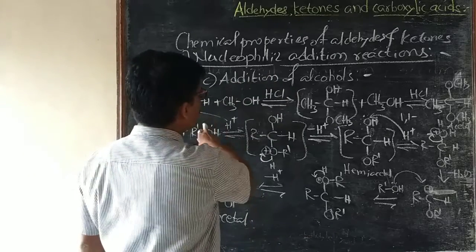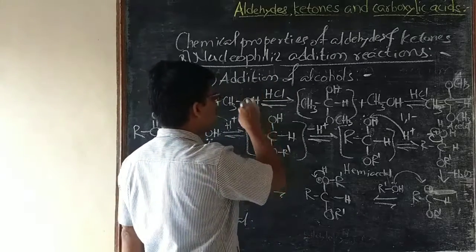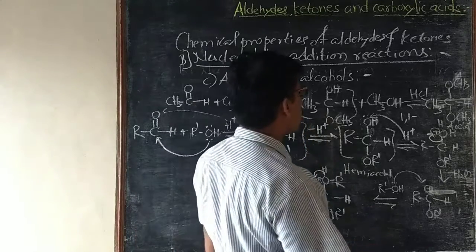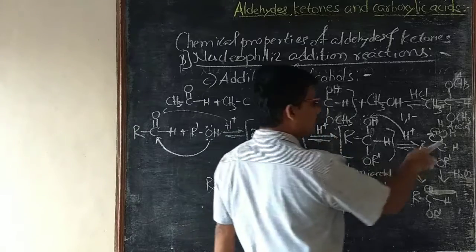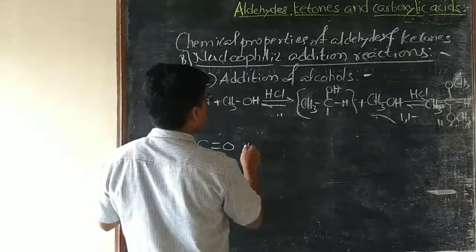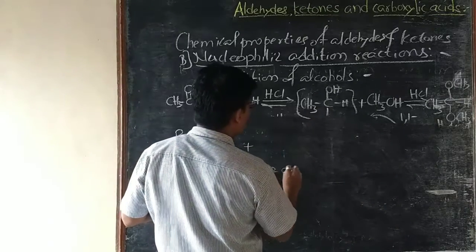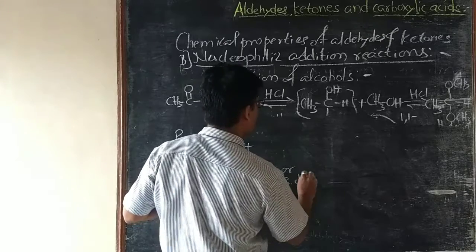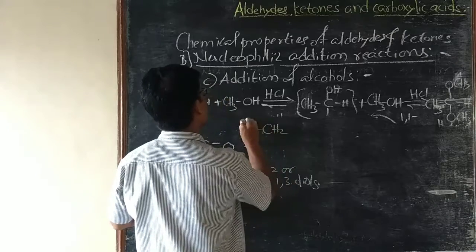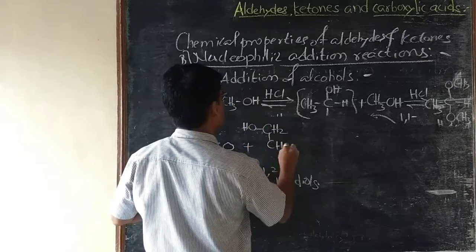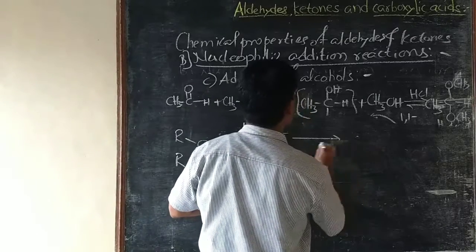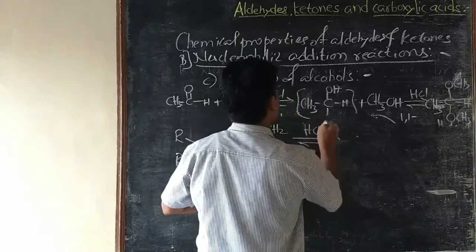Similarly, ketones also react with anhydrous monohydric alcohols in presence of dry hydrogen chloride to form hemiketals and ketals. Similarly also ketones react with 1,2 or 1,3 diols, here we will take 1,2 diol in presence of dry hydrogen chloride.